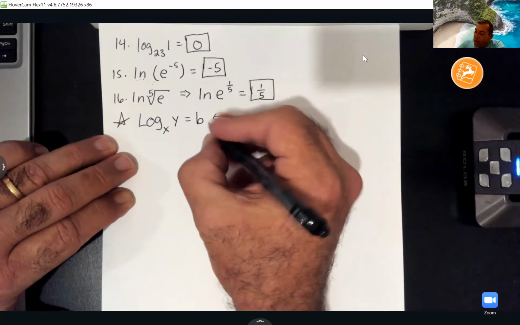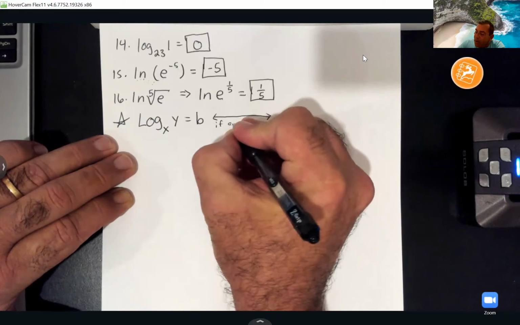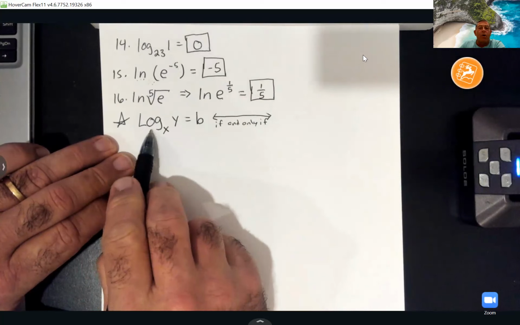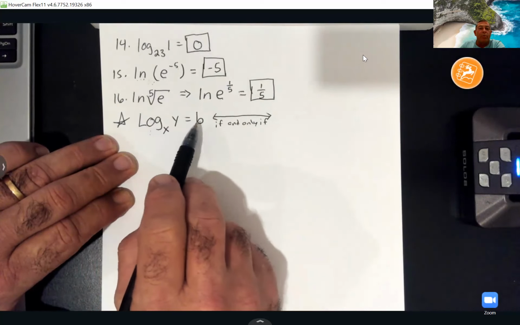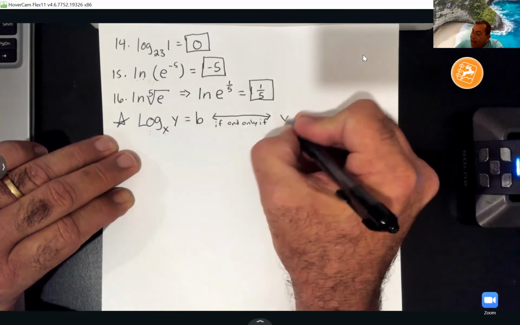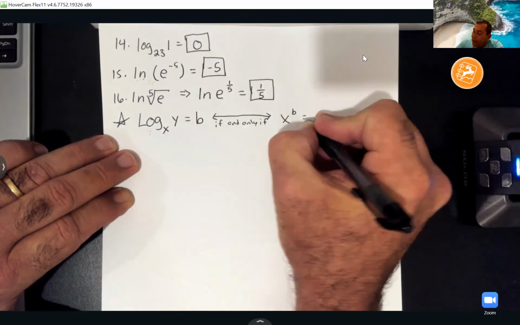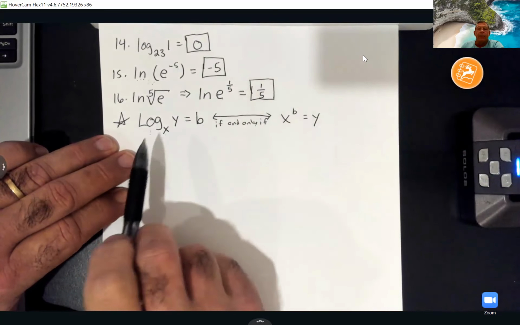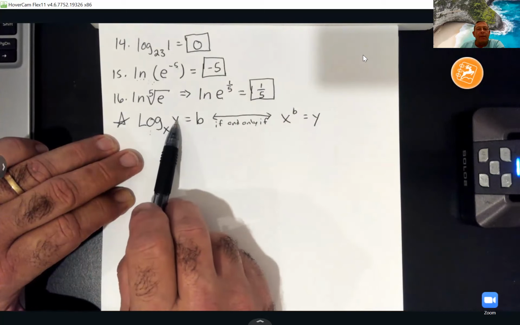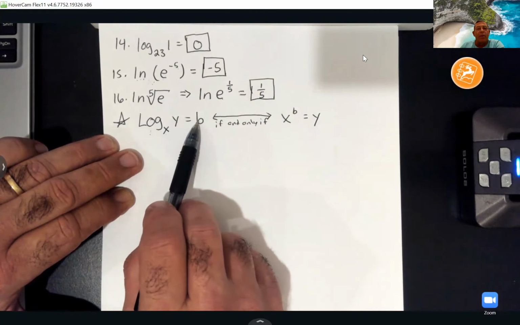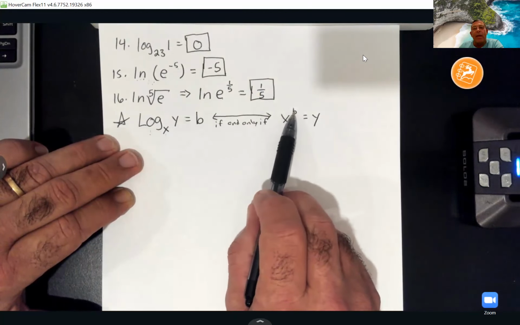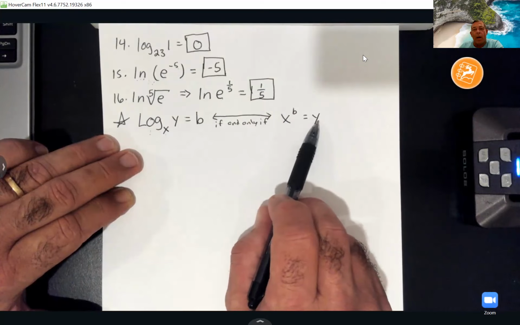This line with 2 arrows means if and only if. So the log base x of y equals b if and only if x to the b equals y. So the log of the base result equals the exponent if and only if the base raised to the exponent equals y.